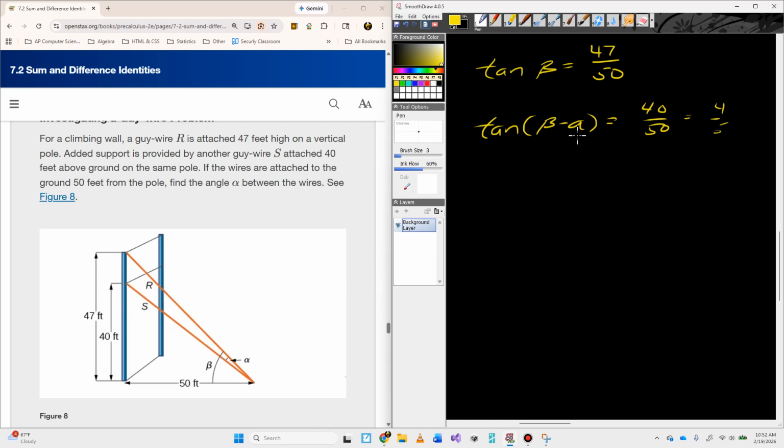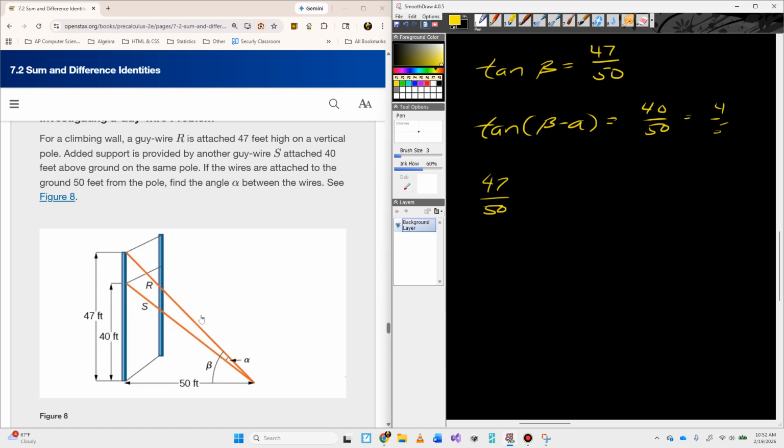Once I find this angle here, and once I find this angle, I take this value, which is 47 over 50, and I need to subtract it from whatever I find from this value here. Tan of beta minus alpha is equal to 4/5, because that's basically 40 divided by 50.